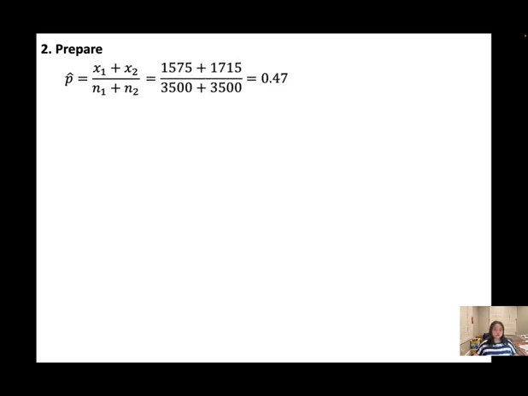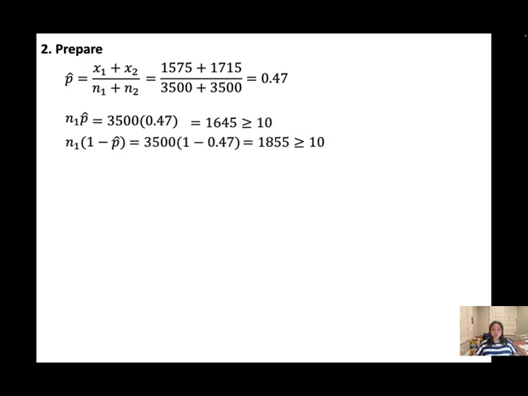You should get 0.47. Now we check the conditions. Plug in here to see if you get at least 10. This is only for population 1, and you have population 2 also. I'll show you the first one. This is good, at least 10.